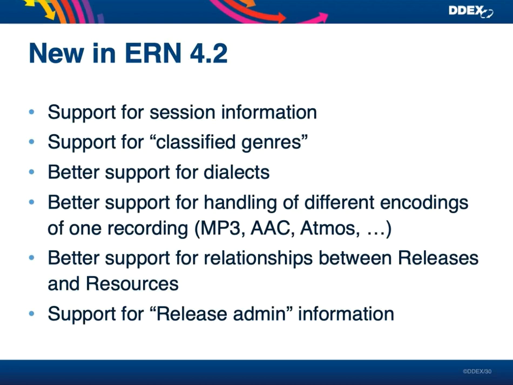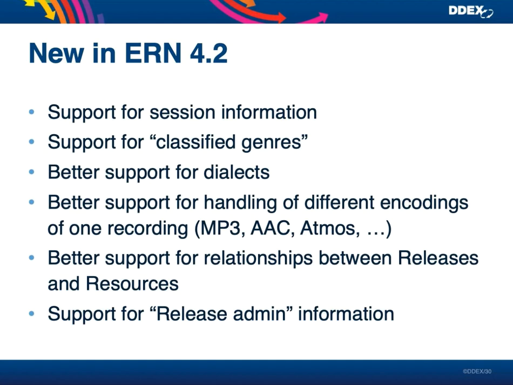That's an interesting question. There isn't that much in it. It's more a cumulative effect. I think the session information is quite important. No, I think the biggest is the support for handling different encodings in one recording.